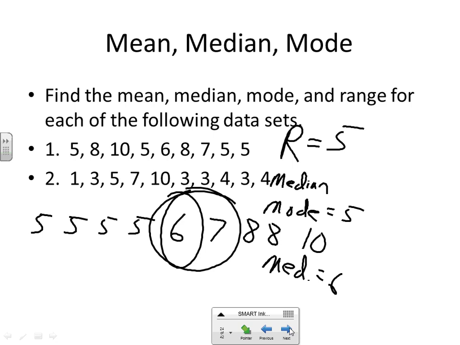And then to find our mean, we just add them all up and divide by 9, the total number of entries. So we've got 6.6 as our mean.